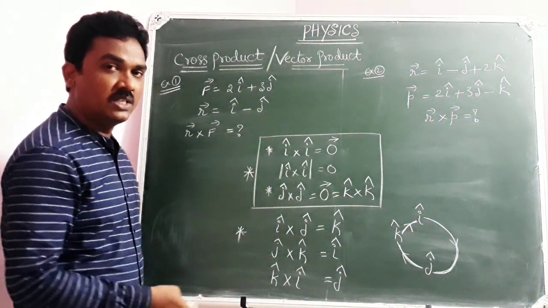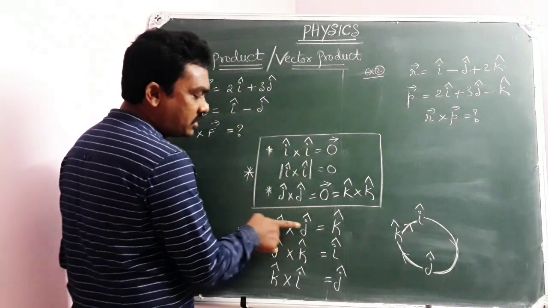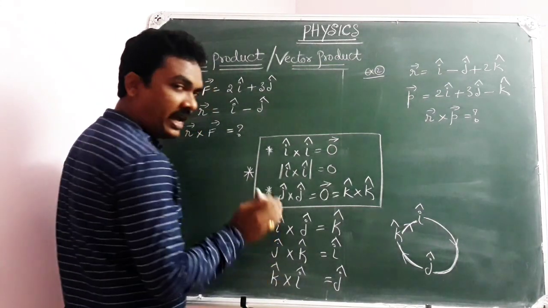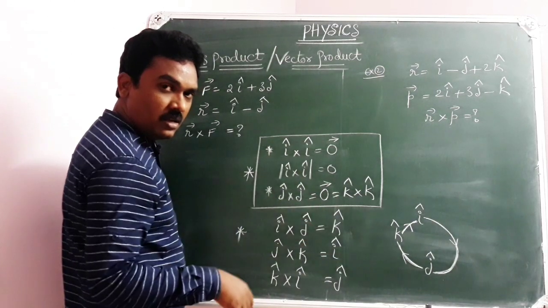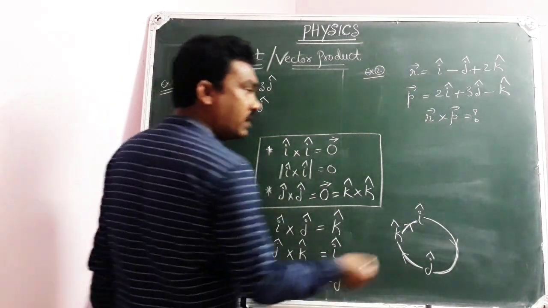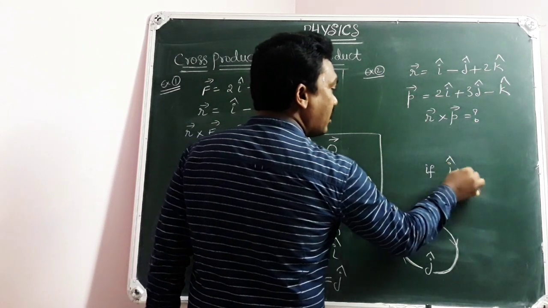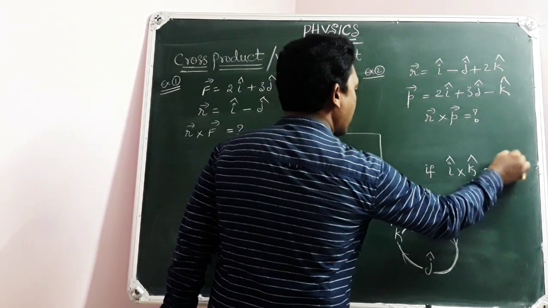If the cyclic order is missed, it will be minus. For example, I cap cross J cap is equal to K cap, and K cap cross I cap follows I, J, K, I, J, J, K, K, I. If the cyclic order is missed and you write I cap cross K cap, then it is minus J cap.